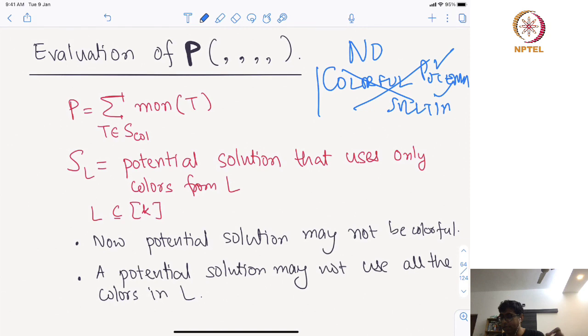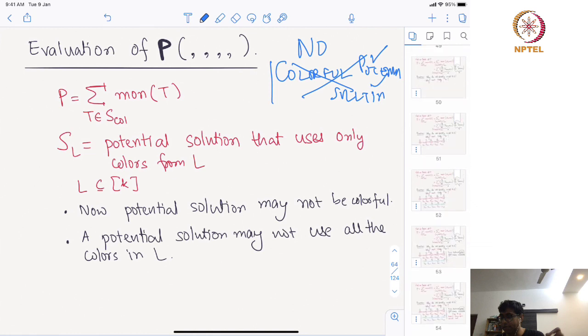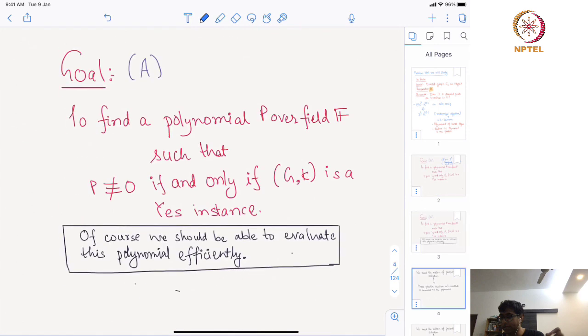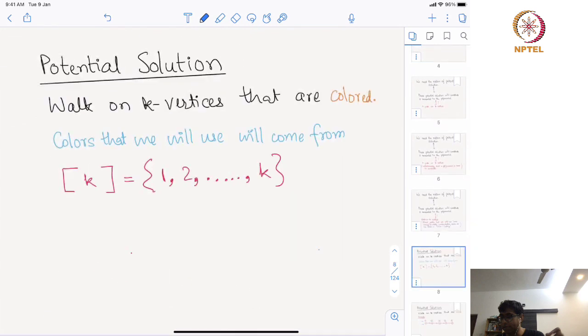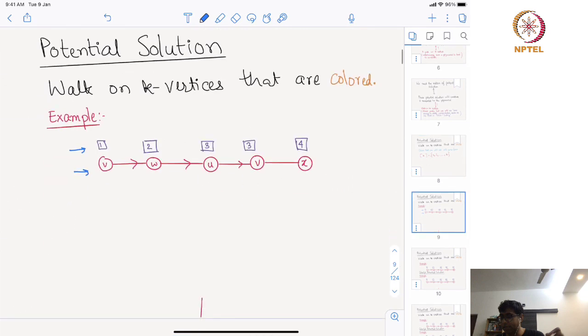So, a potential solution, if you recall, was nothing but a walk on k vertices that are colored. So, this is a potential solution, right?